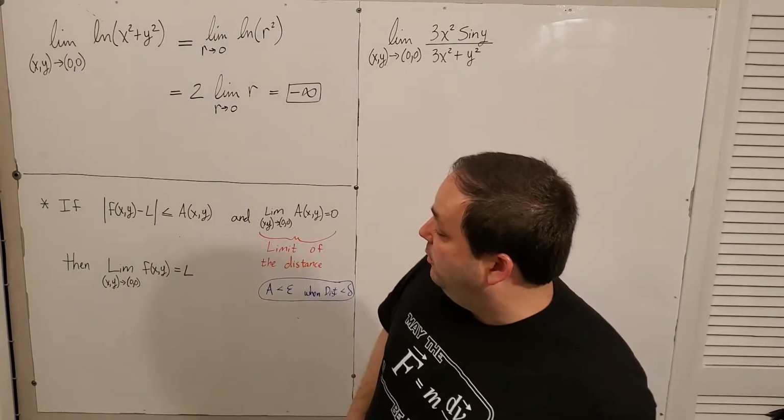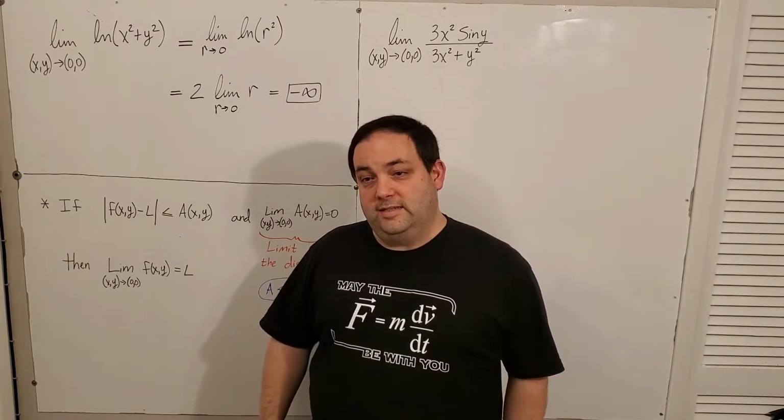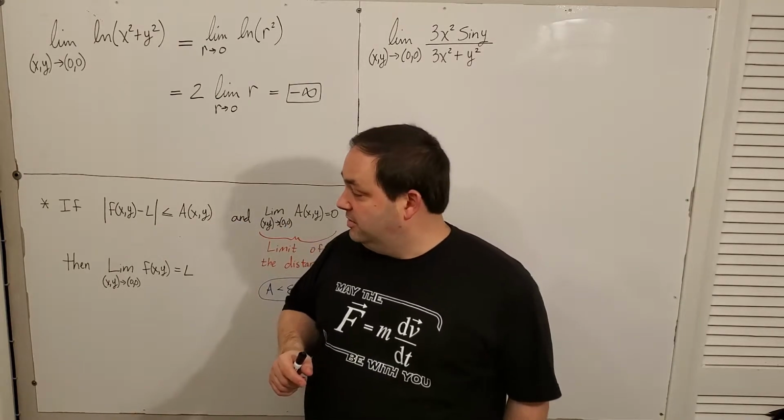Now, another thing that we can come up with is we can do sort of a nested limit. It's an interesting little side parlor trick for limit goers here.